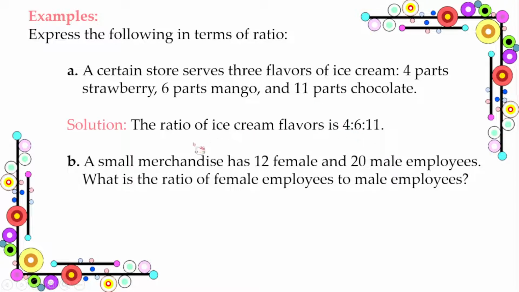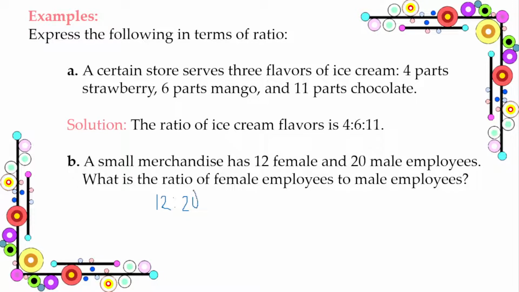Ayan po. So for the second one, a small merchandise has 12 female and 20 male employees. So what is the ratio of female employees to the male employees? So when writing this, we have 12:20.